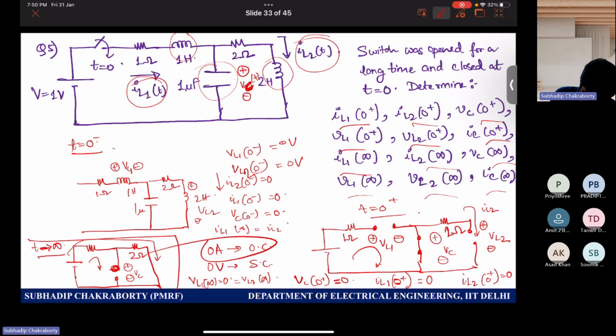IL1 infinity equal to IL2 infinity, I write. And what is that? This is 1 ohm, this is 2 ohm. So 1 by 3 ampere, right? And this voltage, you tell me, what is this voltage? VC equal to 1 minus this current into 1. So 2 by 3 volts. VC at infinity, I am telling this one.